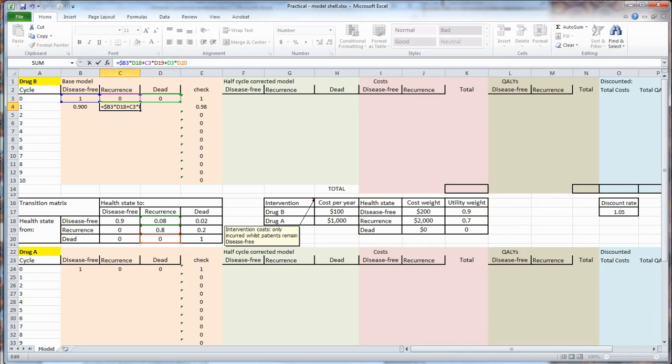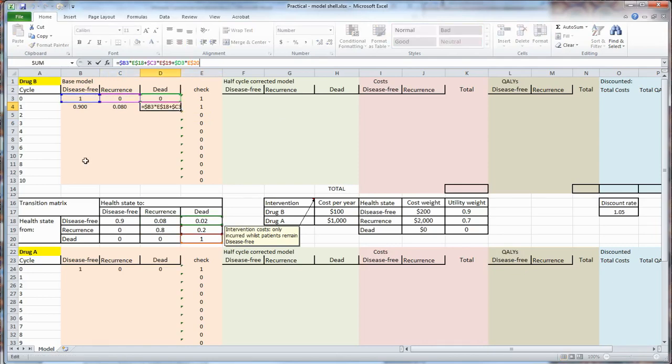In terms of the transition matrix, we want the column to change because we're moving from disease-free to recurrence to dead, but we don't want the row to change, so we put the absolute reference in front of the row, and we do that for each of the components of the formula, and that should allow us to take that formula and copy it into there, and so that's worked well.